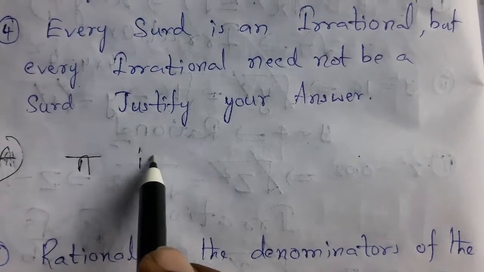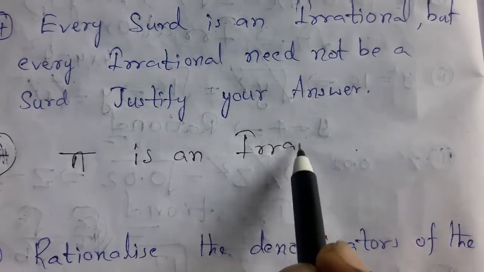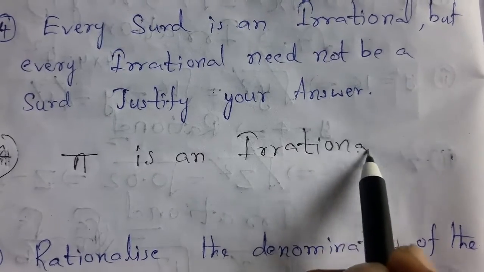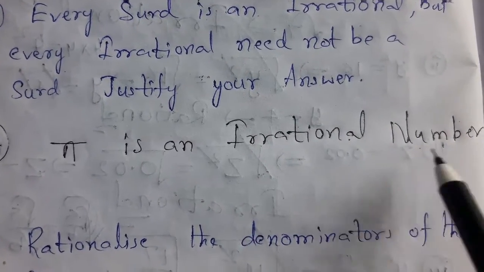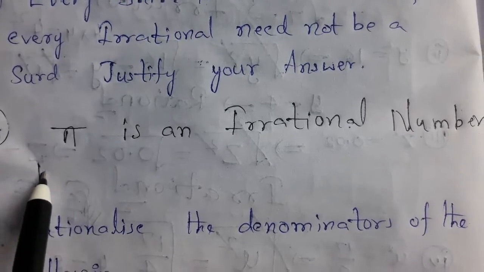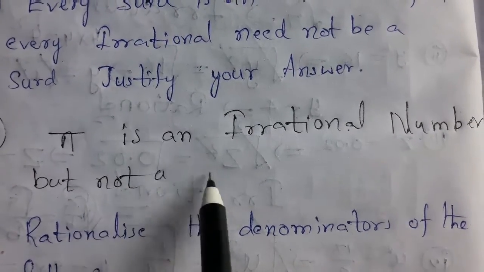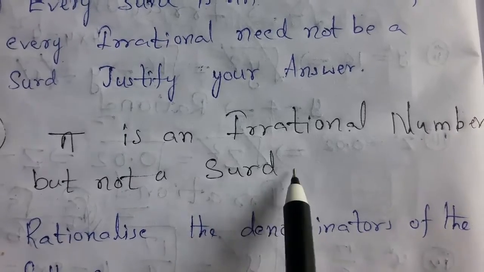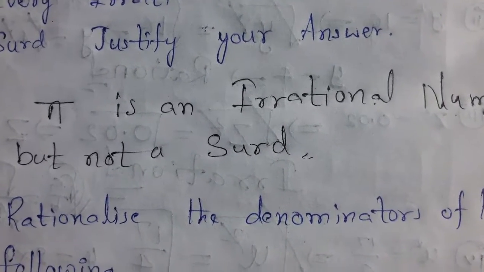Pi is an irrational number, but not a surd. Now move to next question.